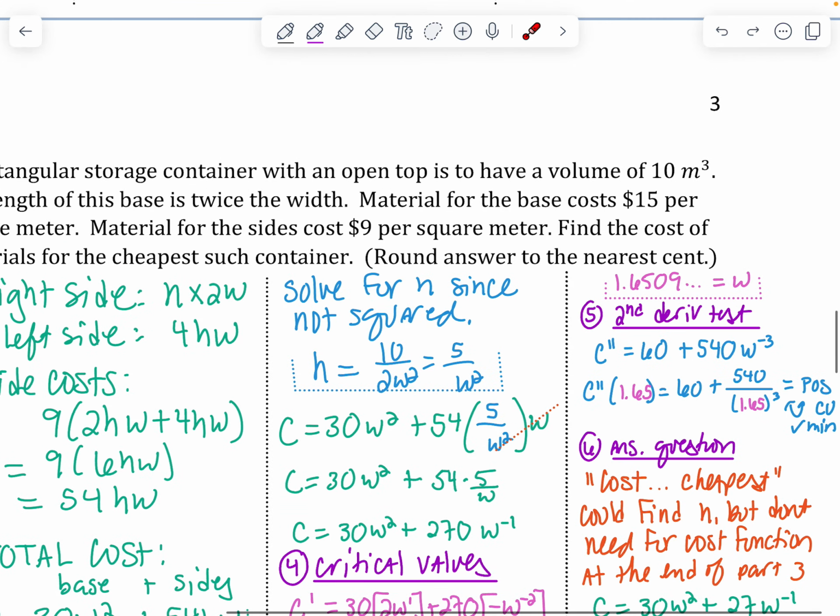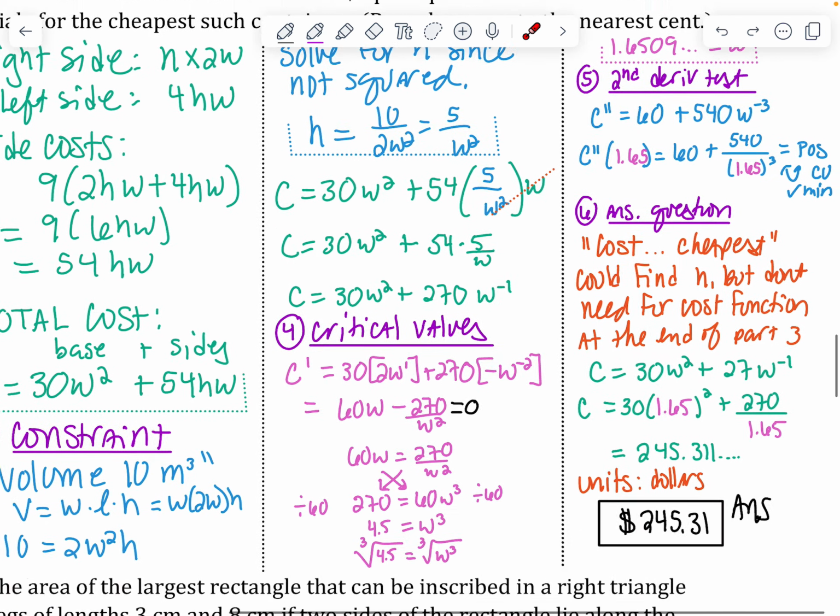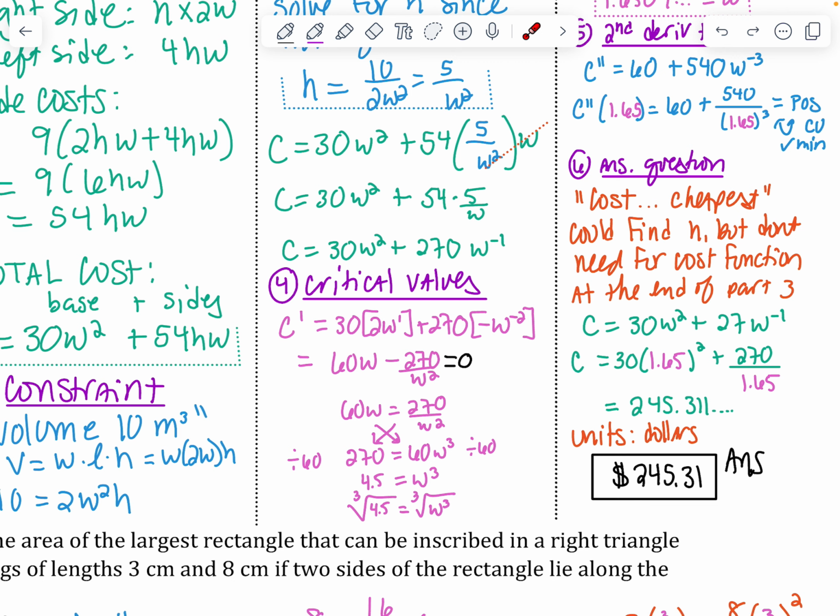We just had dollars per square meter, so it's not like it was thousands of dollars. My units are just dollars. So I can build that box for $245.31 with the cheapest cost.